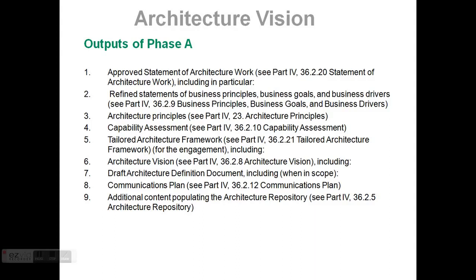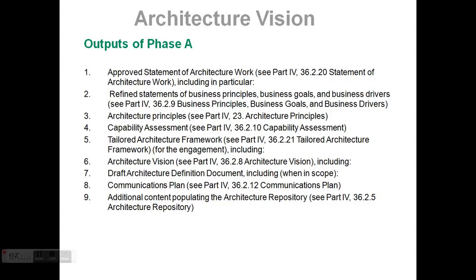In step 6, I discussed step 6 already. Architectural vision includes problem description, objectives and statement of architectural work, summary views, business scenarios in different options, of course, and probably refined key high-level stakeholder requirements.